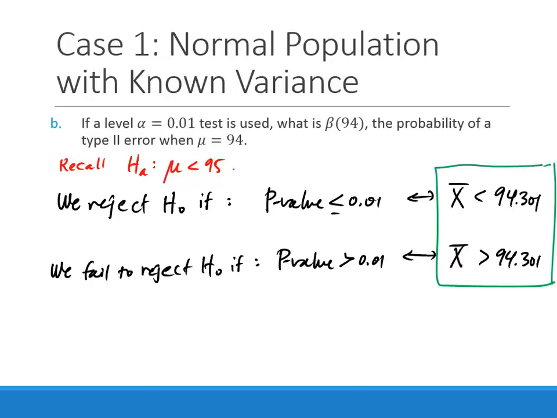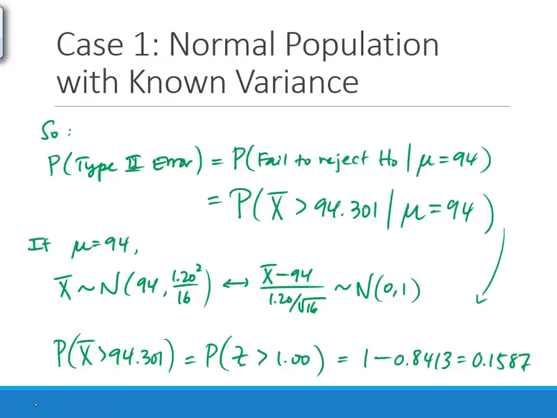Okay. So then here we want to figure out the probability of a type 2 error. We worked through all this already on Friday; I just wanted to hit it again. Remember, a type 2 error is one of the two errors we can make. A type 1 error is rejecting the null hypothesis when we should not have rejected it.